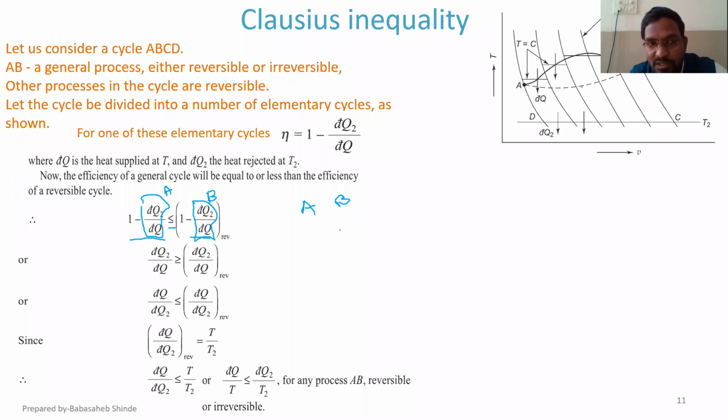Do you get my question? We have replaced dq2 by dq with A for the normal engine and dq2 by dq for the reversible engine with B. And I want to establish the relationship between A and B. Whether it will be greater than B, smaller than B, or equal to B.